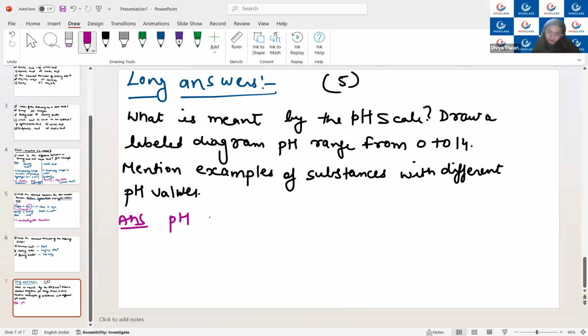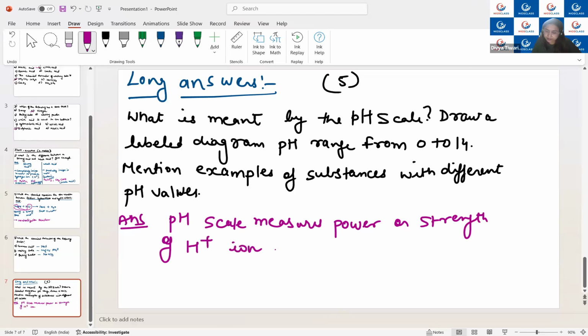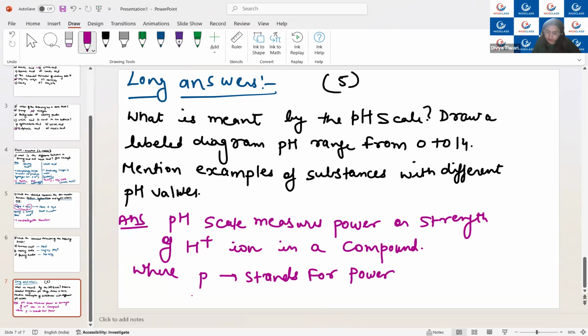So pH scale measures the power or strength of H plus ion in a compound, where P stands for power and H stands for hydrogen ion.